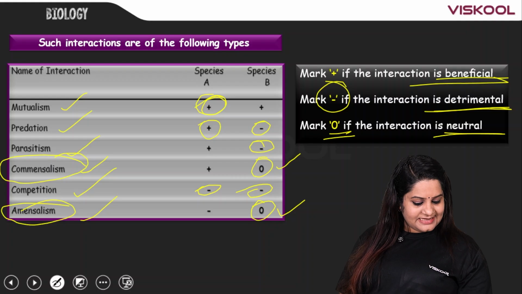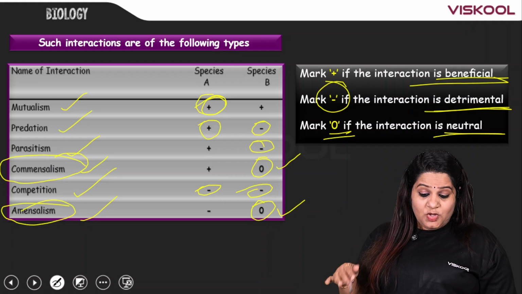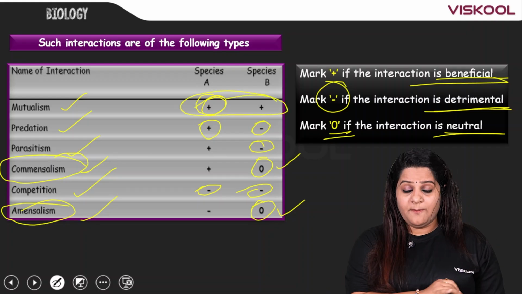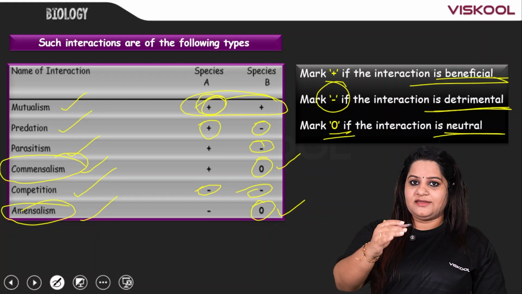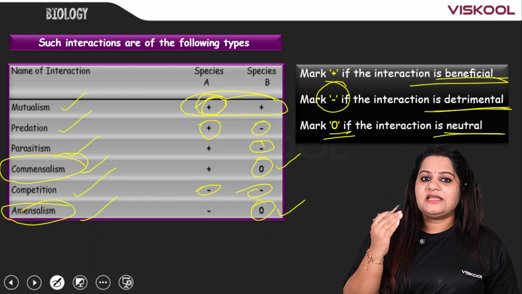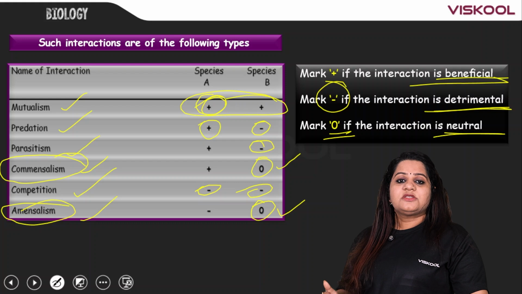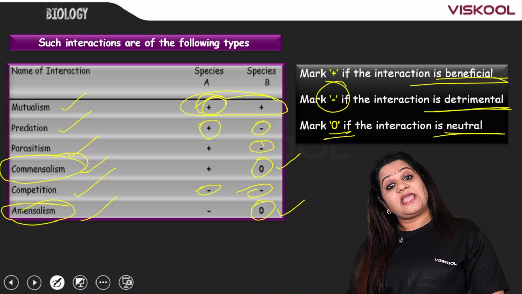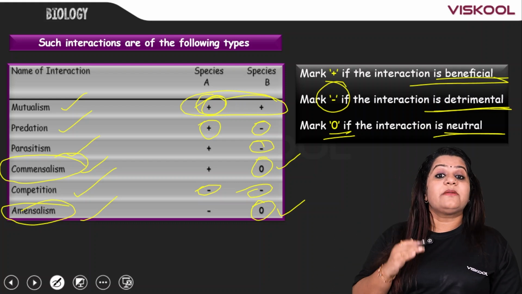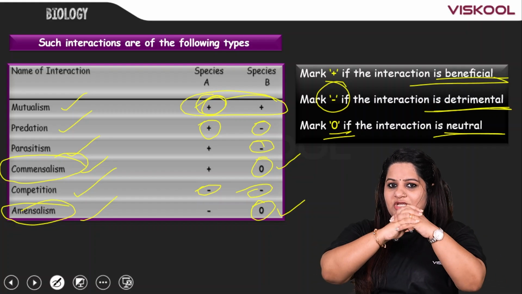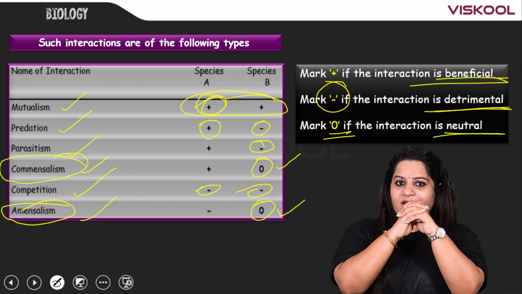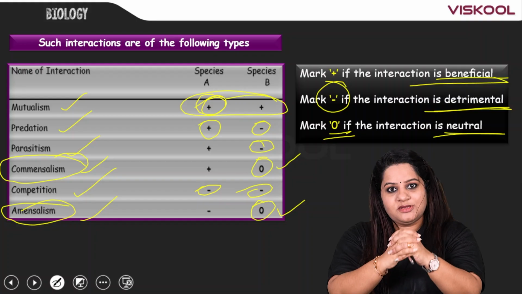So mutualism means both are benefited. Suppose species A and species B are there; both are benefited here. That is mutual understanding, right? Mutual means both are considered and both are benefited.